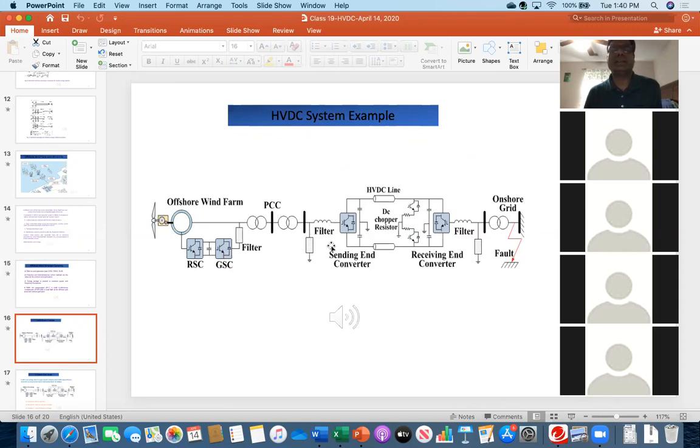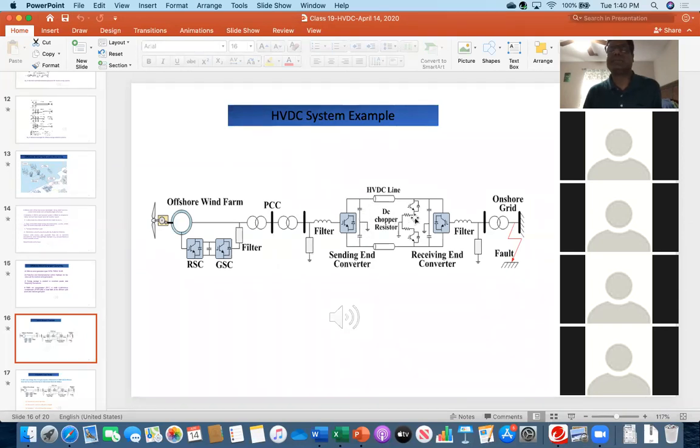Until now, this is AC. Now that is the HVDC converter substation. At the sending end, this converter converts AC into DC. Because this is an HVDC line, a somewhat longer line, like 80 kilometers, or even 100 kilometers long, you have to provide smooth, ripple-free DC, so there is the capacitor.